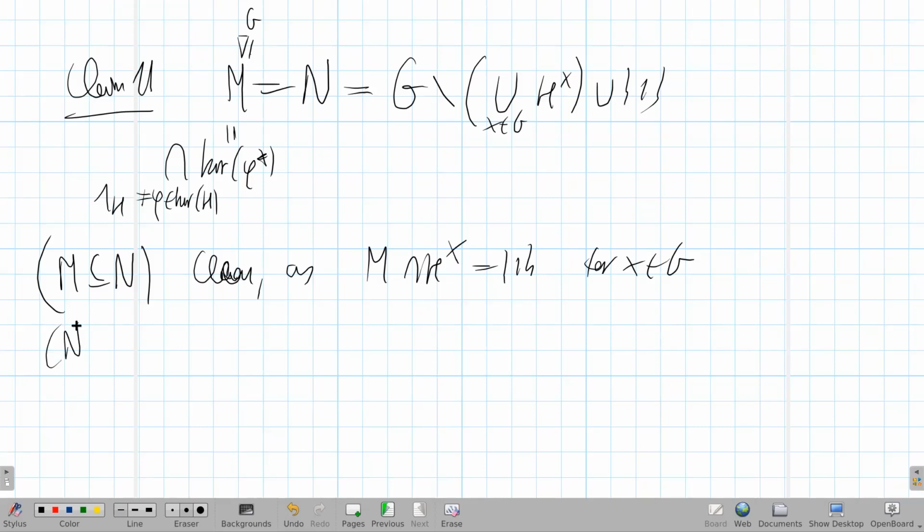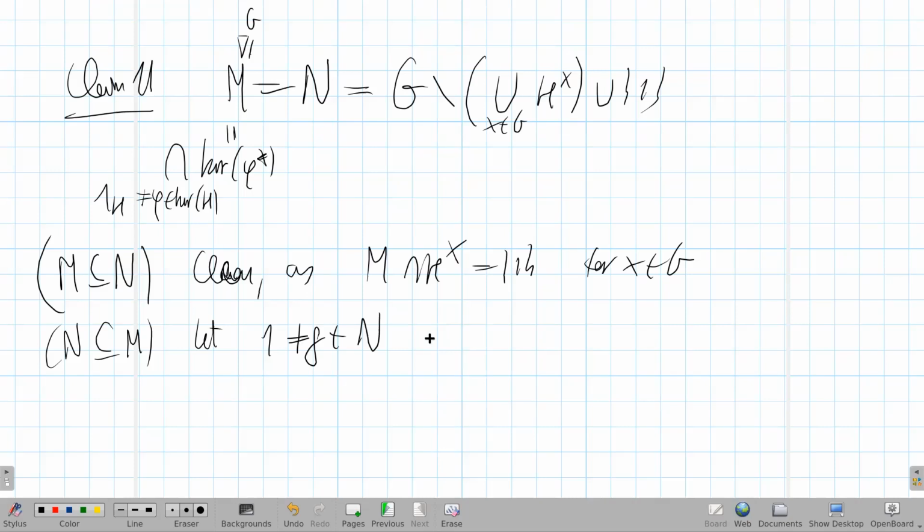As to the converse, well, 1 is of course contained in M. So suppose you have an element g of N different from 1, because 1 is in both sets.